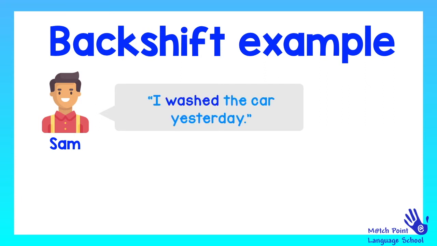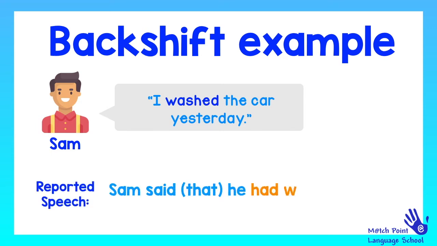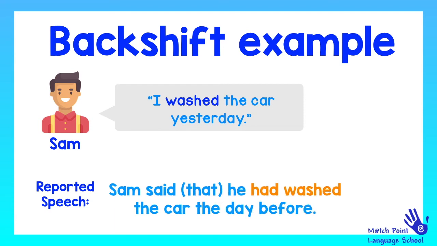Okay, washed is our verb. It is in past simple. So if we pass this sentence into reported speech, it will be, "Sam said that he had washed the car the day before." All right, we change the past simple for the past perfect.